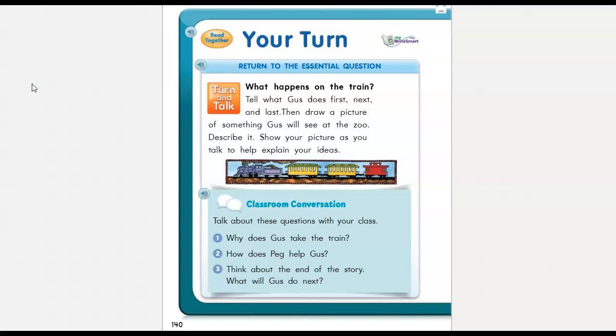So if you would like, you can draw a picture of what kind of animal Gus and Peg might see at the zoo. You don't have to, but if you would like to draw a picture to show what kind of animal they might see at the zoo, you absolutely can.